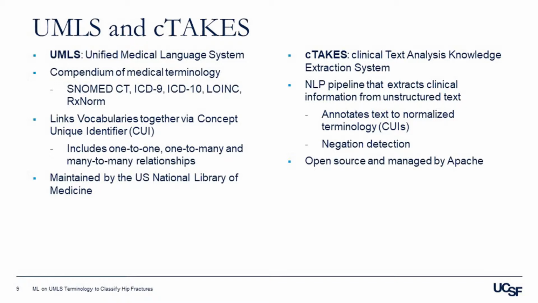And this links all the vocabularies together via something they call a concept unique identifier, and this can include one-to-one, one-to-many or many-to-many relationships, and is maintained by the National Library of Medicine. And then cTAKES is short for Clinical Text Analysis Knowledge Extraction System. It's an NLP pipeline to extract CUIs and to detect negation as well as many other things, and is managed by Apache and initially came out of the Mayo Clinic.